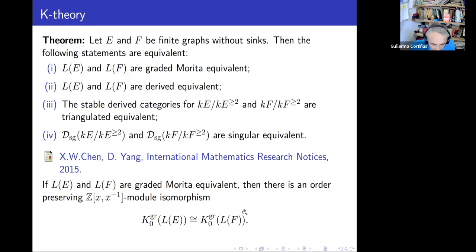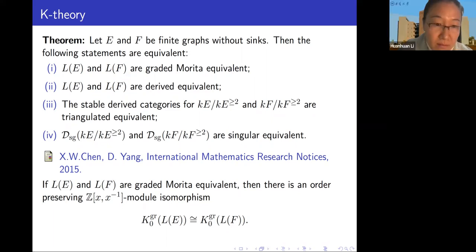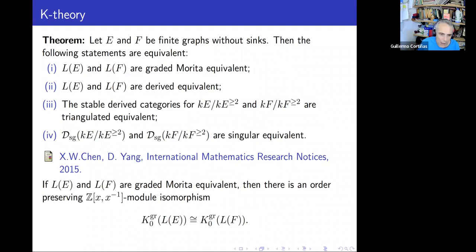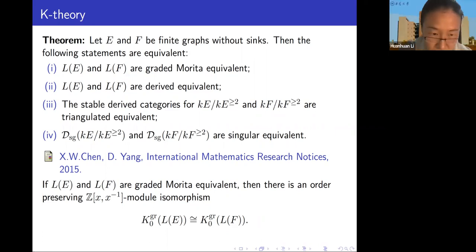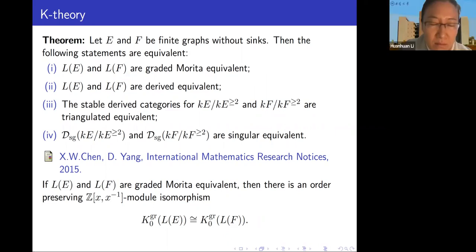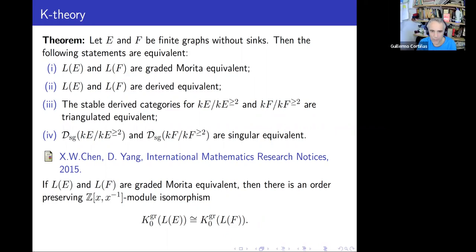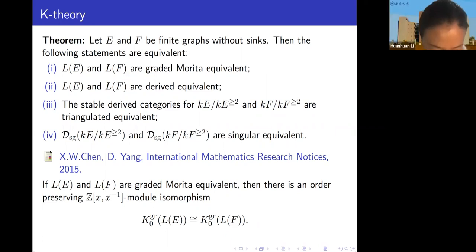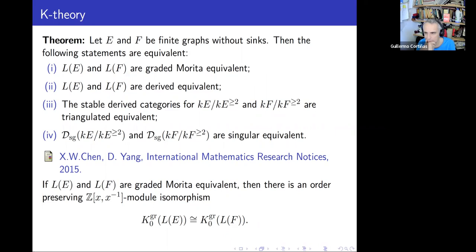Yeah. You say that there is an order preserving equivariant module isomorphism. The order preserving condition means that this isomorphism of K0 groups is induced by an equivariant isomorphism of monoids. Oh yeah, M^gr_E and M^gr_F. Right?